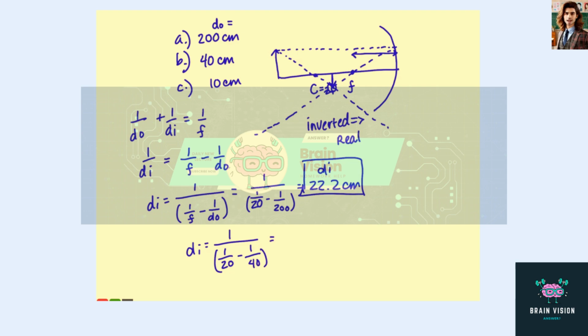So 1 over 20 minus 1 over 40, 1 over that gets you a distance of your image of 40 centimeters.